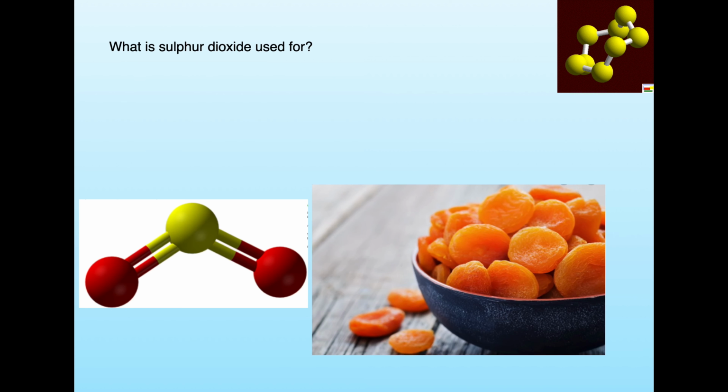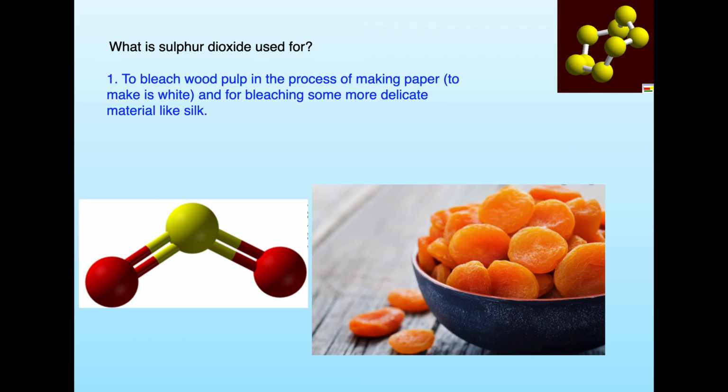Okay. What's sulfur dioxide used for? Well, its properties are quite interesting. It will bleach wood pulp in the process of making paper. So you make the wood pulp, which is a kind of grey brown color, white, and also you can use it for bleaching some natural fibers, for example, silk and wool.